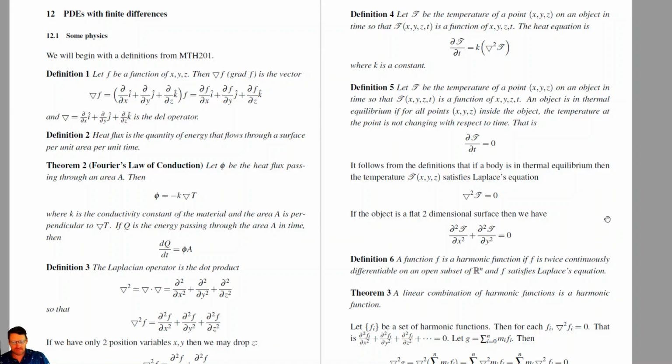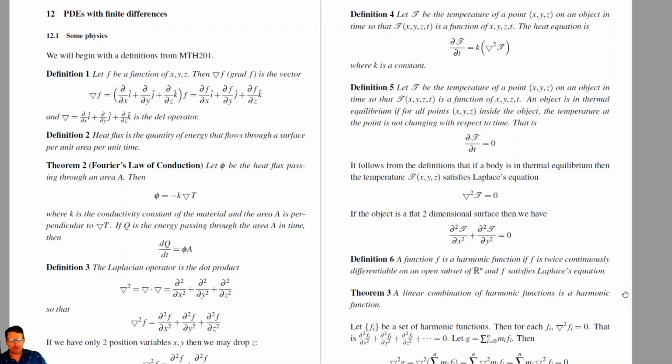Okay, now let's look at a few analytic solutions to Laplace's equation. Harmonic functions. A function f is harmonic if f is twice continuously differentiable on an open subset of R^n, meaning that the derivatives exist and they're continuous, and f satisfies Laplace's equation. So if those two things are satisfied, then we can call that function harmonic.